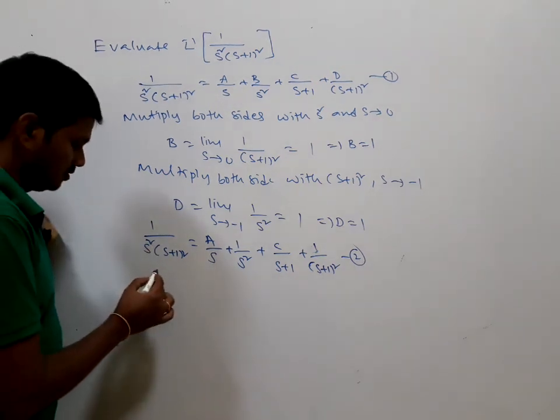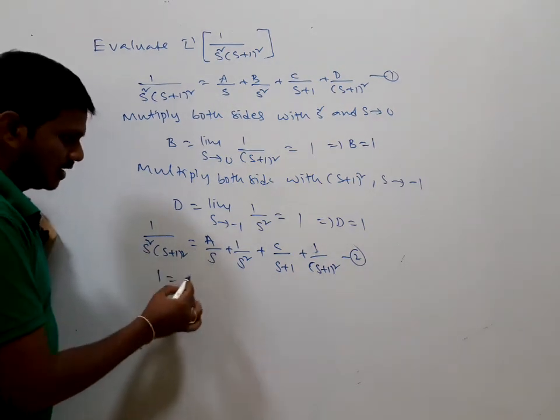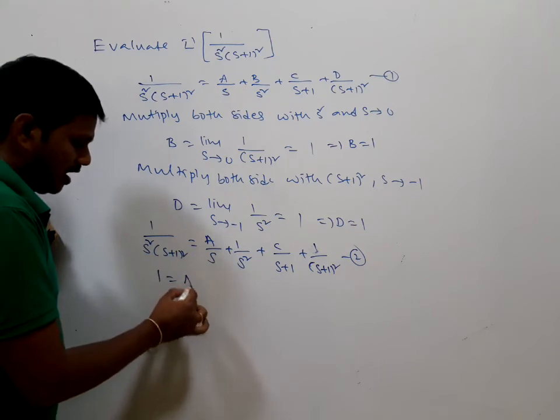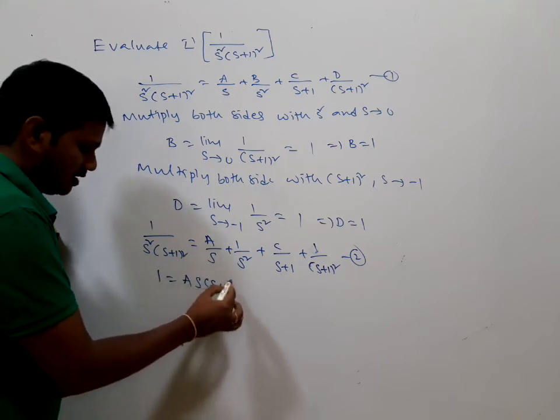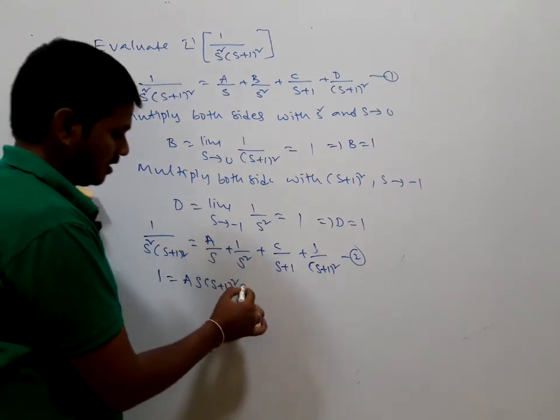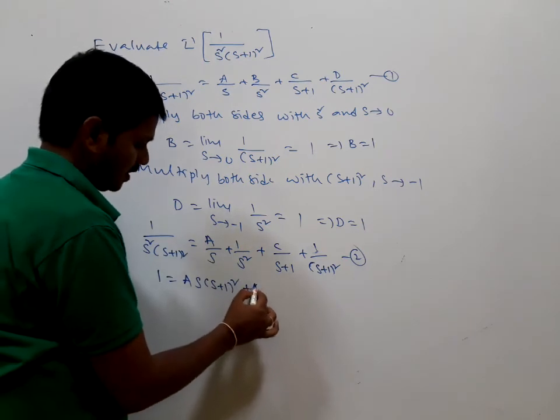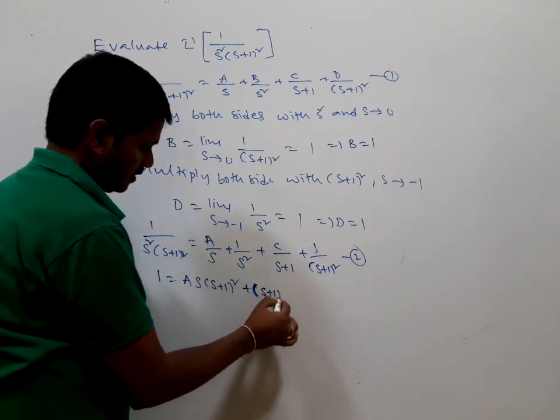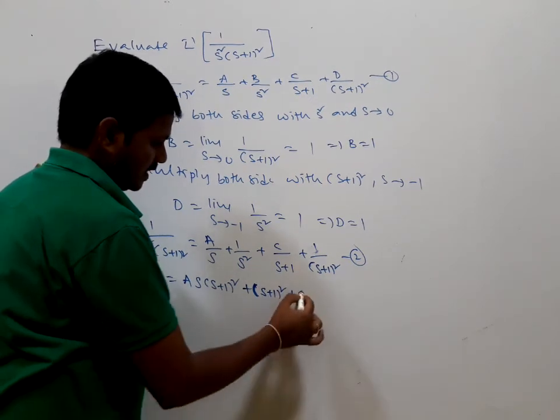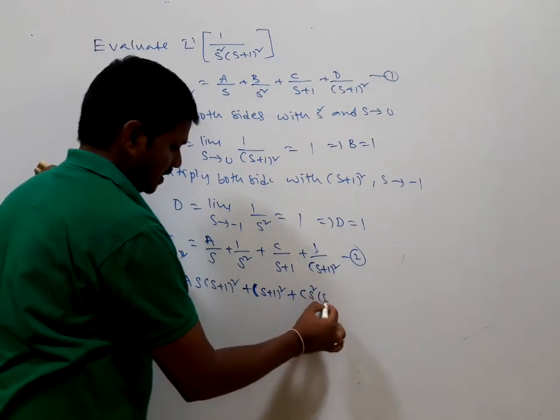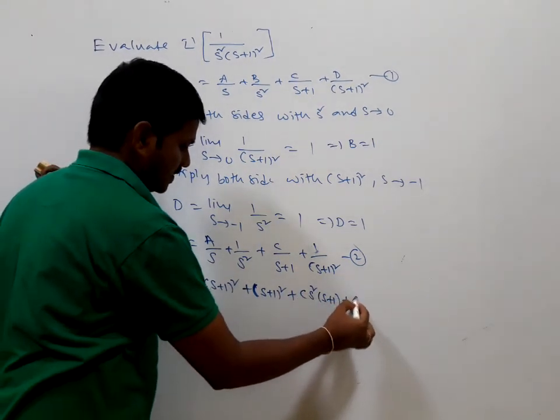So we have 1 is equal to, LCM is the same, no? Better to take s plus 1 whole square, this is the way. Next, plus s plus 1 whole square plus c s square into s plus 1 plus s square.